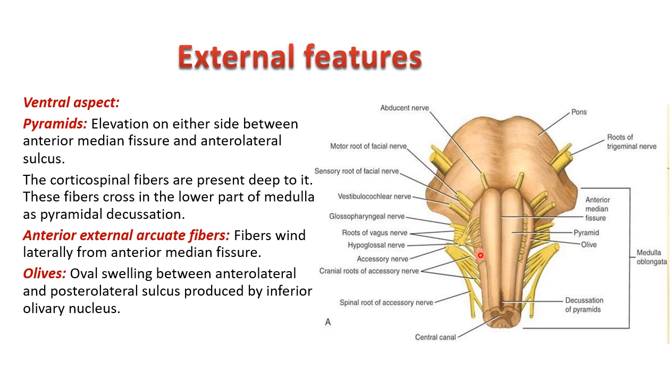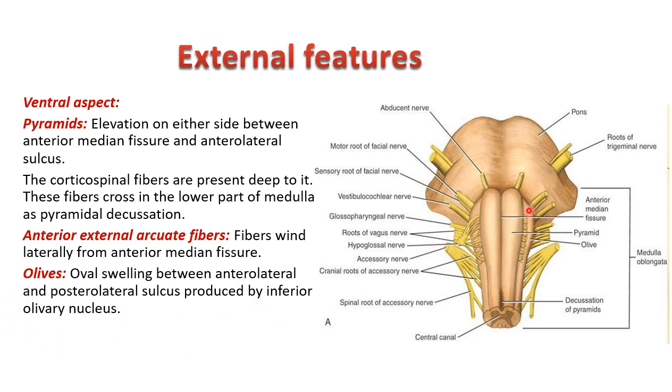So deep to the olives, you have a nucleus which is called the olivary nucleus, and it is called the olivary nuclear complex because it is a combination of 2 to 3 nuclei, of which the largest is the inferior olivary nucleus.